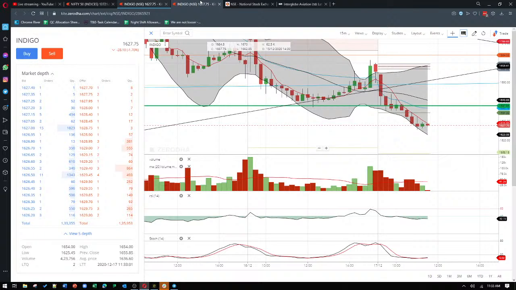Okay, so we have huge orders waiting at 1627 with 15, and the volume is high. Someone is really holding a very good number at 1620. Apparently disappeared.